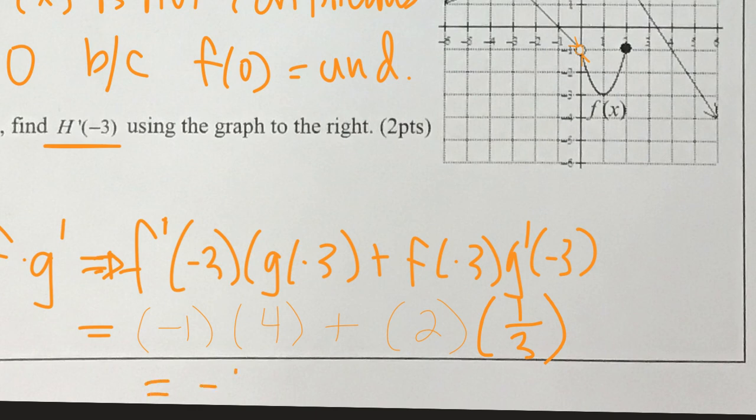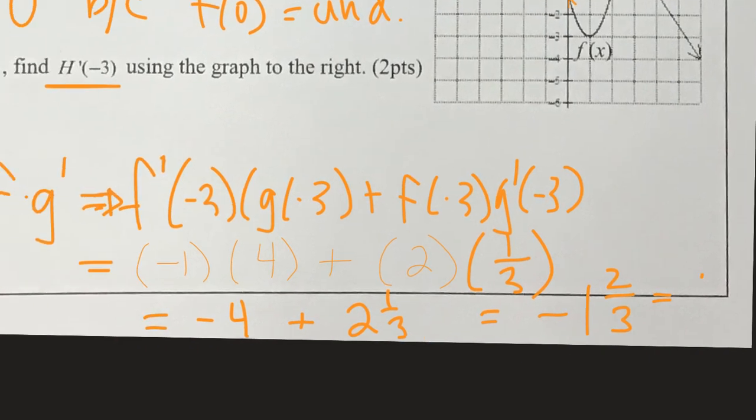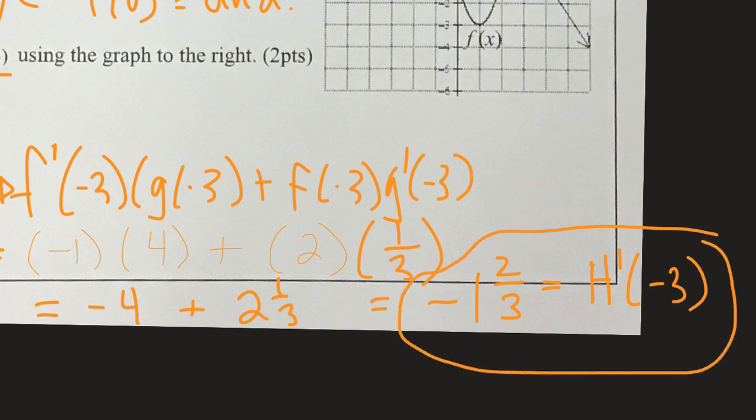So in essence, it's negative 4 plus 2 1/3, which turns out to be negative 1 2/3. So that is the slope of, let's see, what's the letter? H. H at negative 3. So h prime at negative 3 is negative 1 2/3. Or if you want to be fancy, we can write negative 5/3, and it would be correct also.